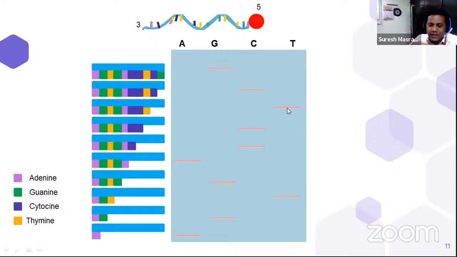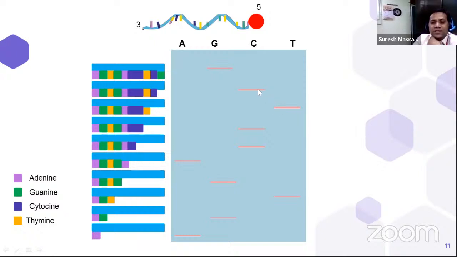Then above this seventh is the eighth band from the downward, and that eighth band is present in the lane of the T, indicating that the eighth nitrogenous base must be thymine, as the eighth attaching nucleotide is dideoxythymidine triphosphate.